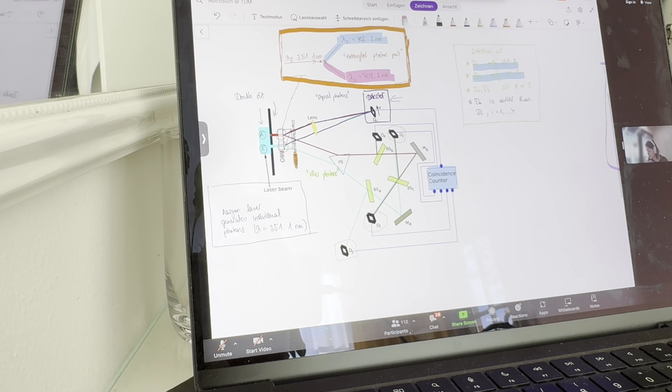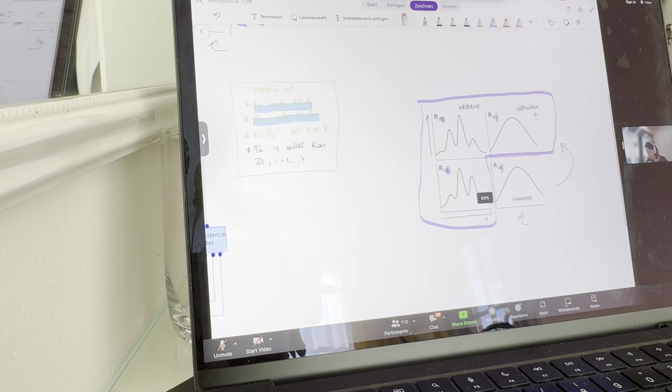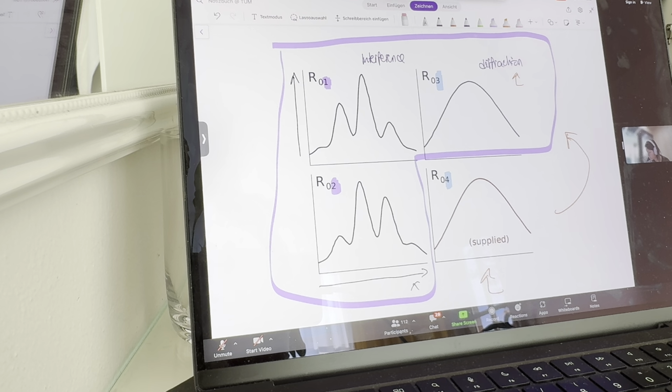And it's not that D0 itself shows interference or not. It's just that if you take the coincidence rates of D0 and the corresponding idler photon, then you will see interference or not, okay? So this is just a plot of the signal photons that correspond to the idler photons that were detected by detector 1.